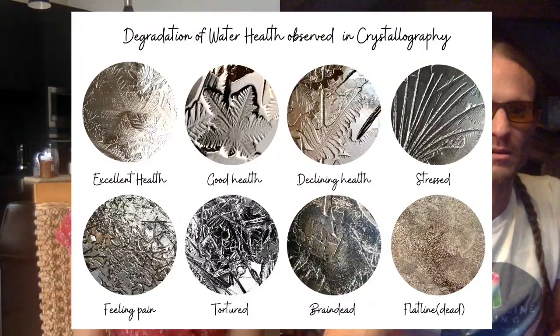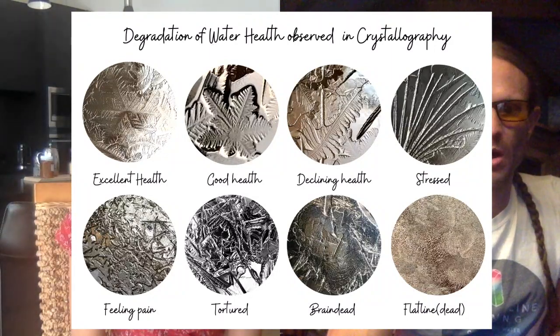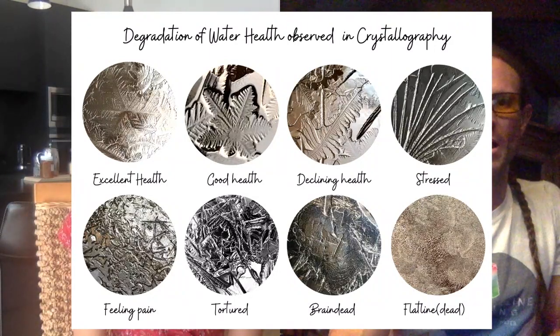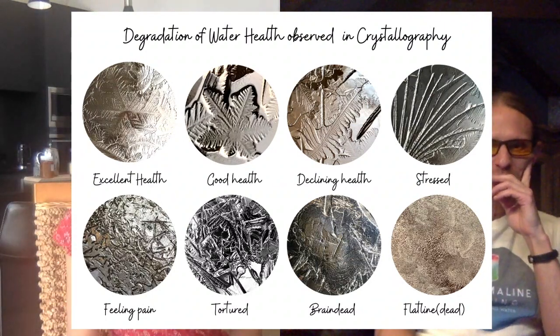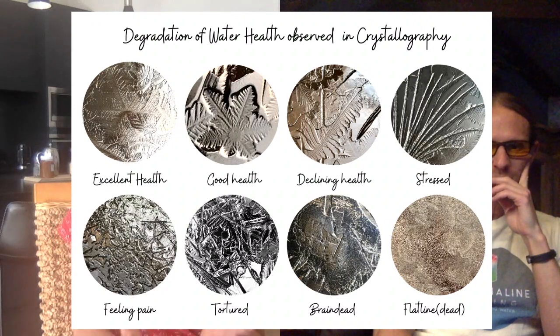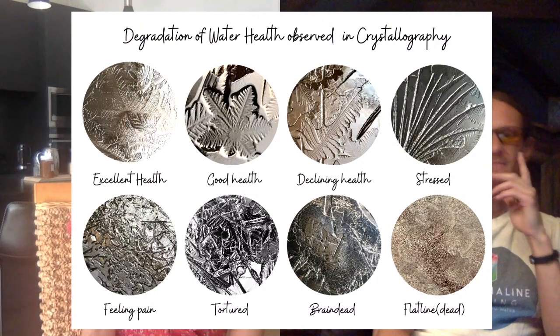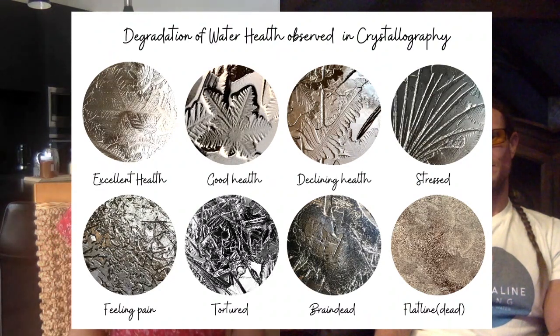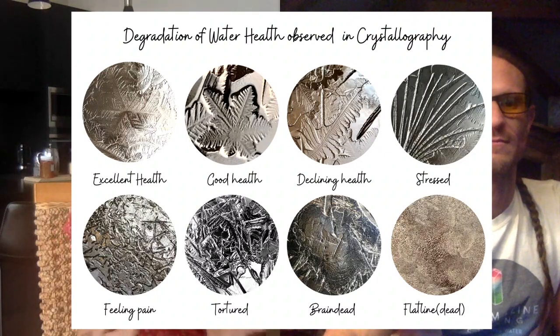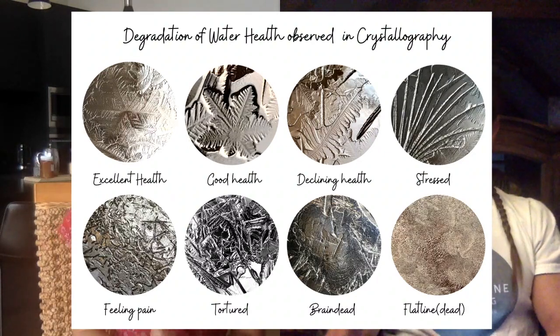Okay, so we're on page 1 right now. Cool. So the top 4 photographs, the very first one you'll see, I say excellent health. When I think about water, I have a very emotional connection to water, so I have given it emotional references. Water in its most healthy state forms this beautiful floral, ferny hexagon.